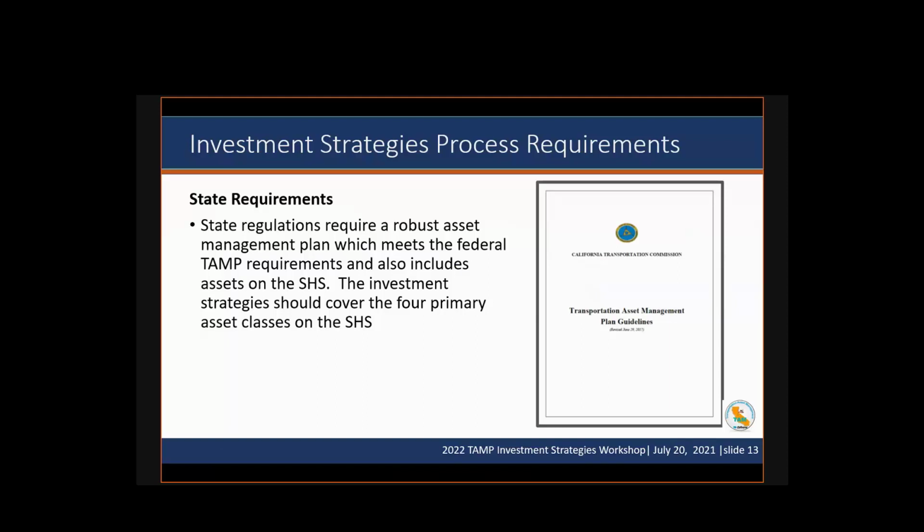At the state level, there are requirements put into place in government code and streets and highway code. And they're a little bit more vague in that they say that we'll develop a robust asset management plan that meets the federal TAMP requirements and also includes assets on the state highway system. State law gives the California Transportation Commission the authority to set the direction for what happens in the California TAMP.